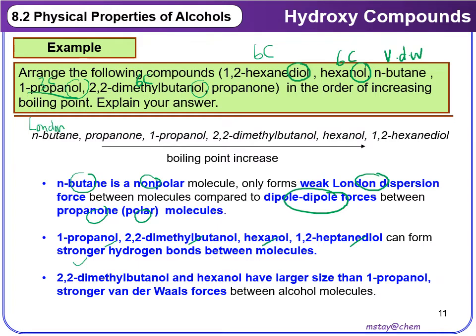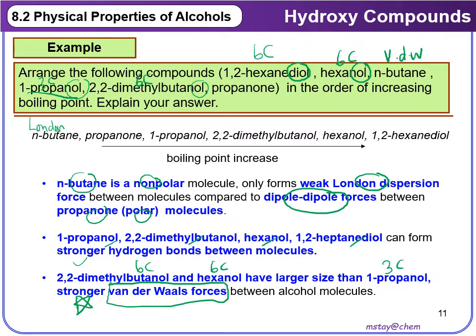But the 2,2-dimethyl-butanol with 6 carbons and hexanol with 6 carbons have a larger size than 1-propanol. Even though they have one hydroxyl group, the strength of the hydrogen bond is generally relatively strong. However, what makes them different, besides the hydrogen bond, is the van der Waals force. If you still remember, the larger the molecular size, the bigger the contact surface area, and the stronger the van der Waals force.